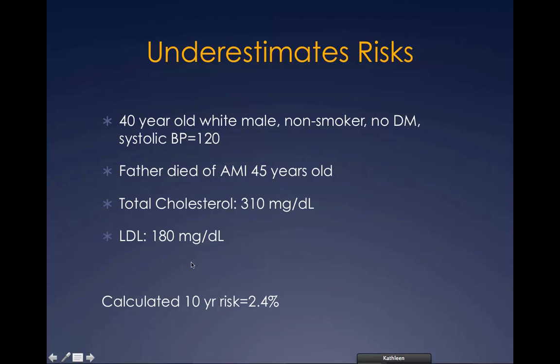So here's someone that wouldn't qualify for a statin, yet he does have a risk factor that the CV risk calculator does not take into account, and that is his father dying of a heart attack at 45 years old.